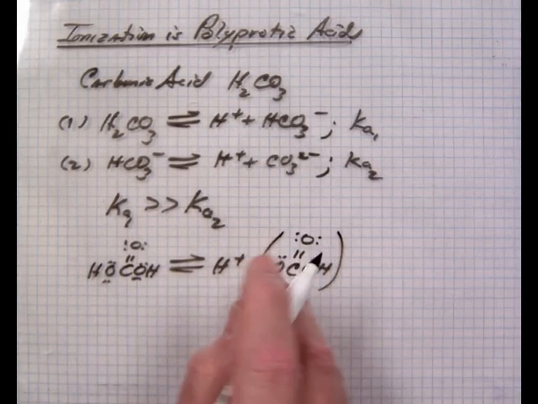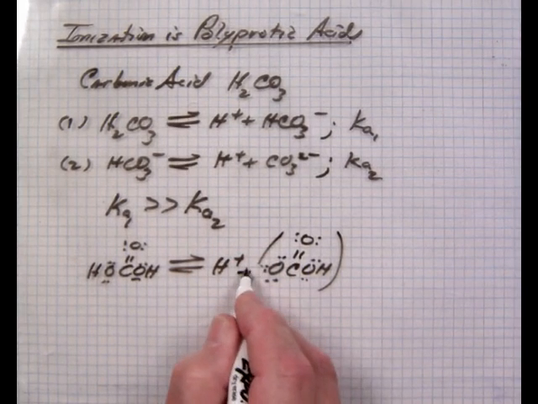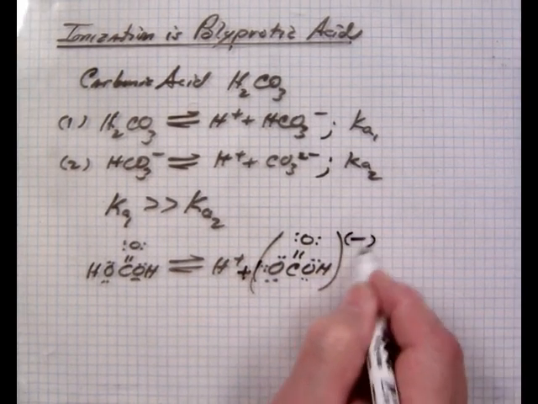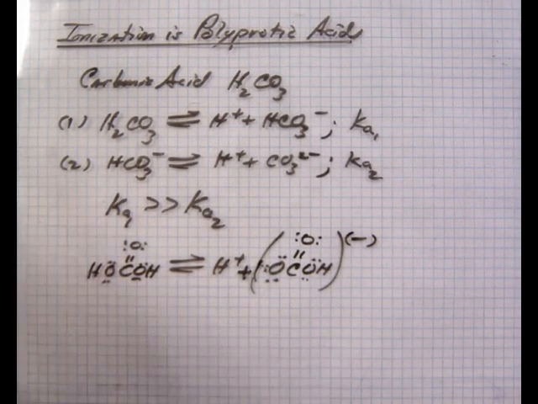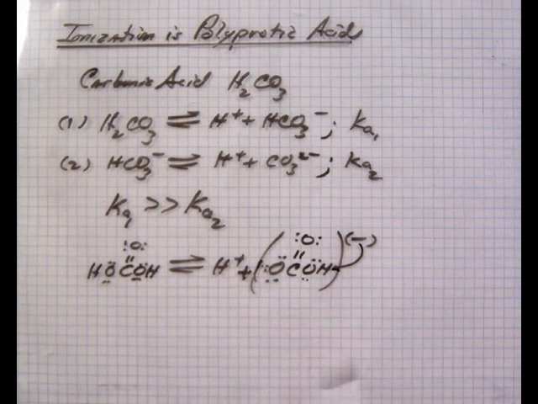Sorry, I'll do it this way. And so that's carrying a negative charge overall. That negative charge functions to hold the second hydrogen on much, much tighter. It's harder to ionize the second step than the first, and that's why you have a lower Ka2 value.